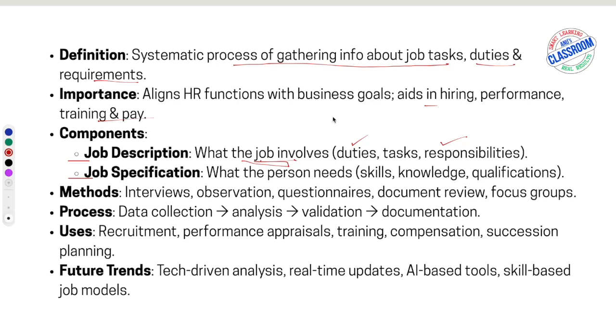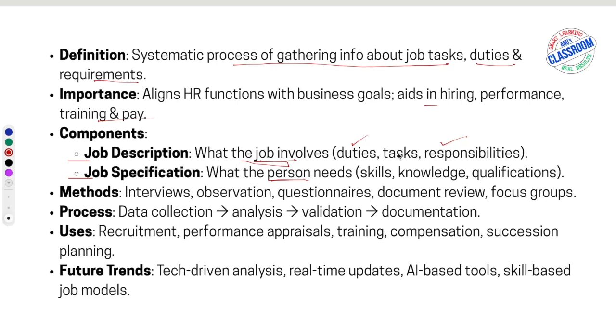Now comes job specification. This focuses on what a person needs to bring to the table, okay? Like the qualification, skill, experience, or any kind of personality traits that they need. For example, think of teaching, they'll need a B.Ed or M.Ed degree. Or think about a salesperson, they will need to have certain behavioral skills, right?